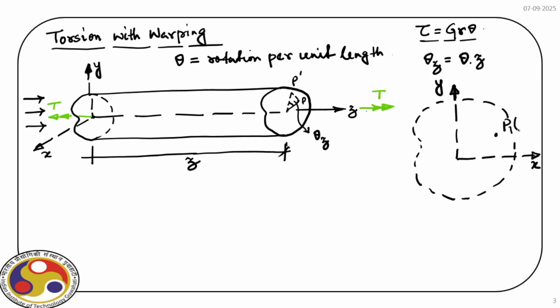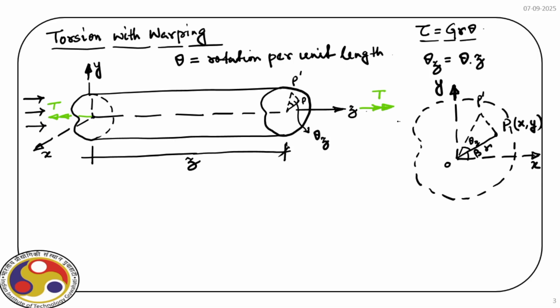This is point P, it has coordinates, say X and Y. The distance of this point from the origin is R. Let this angle be beta. Now this point moves to a new position, which is P prime, and this angle is theta z, which is theta times z.